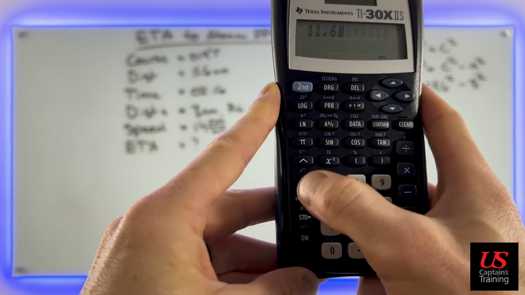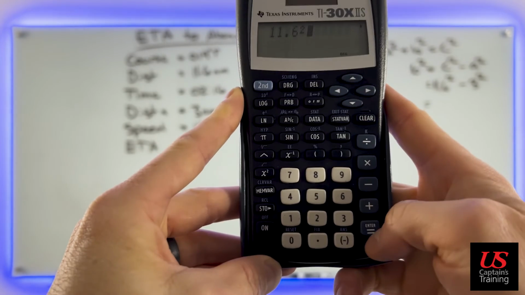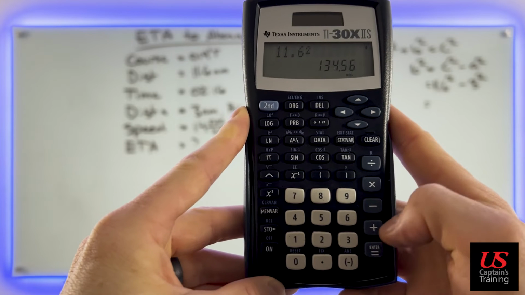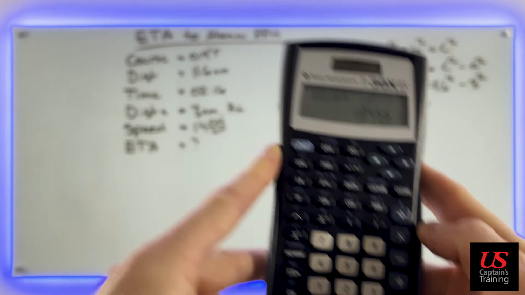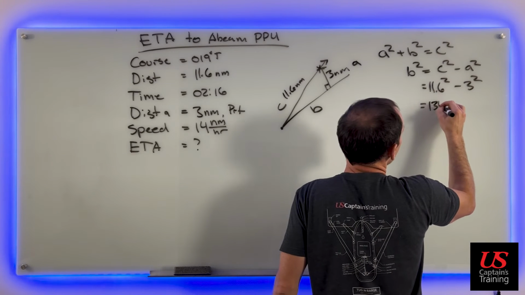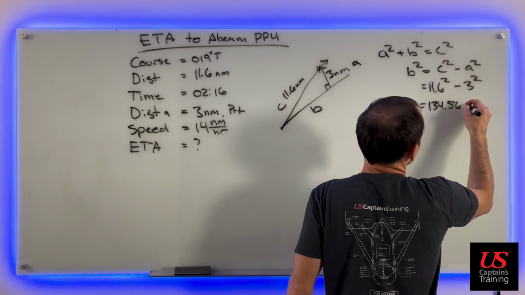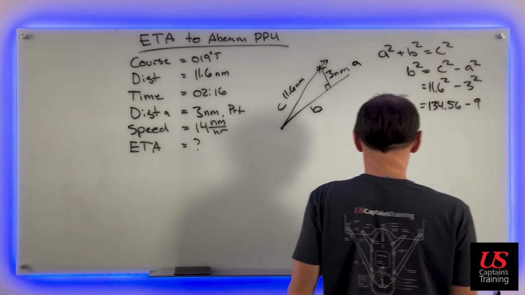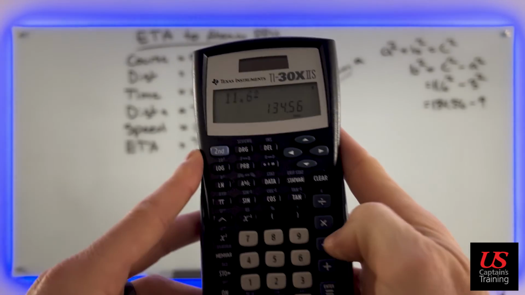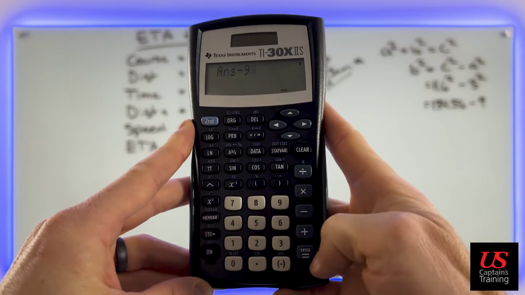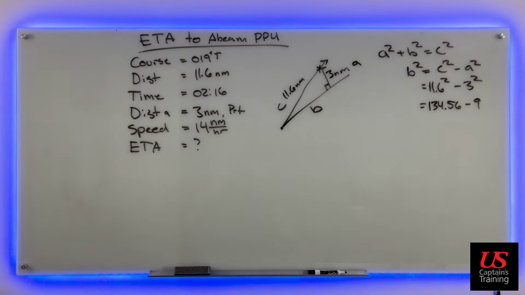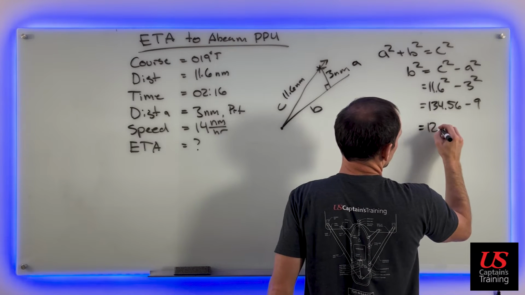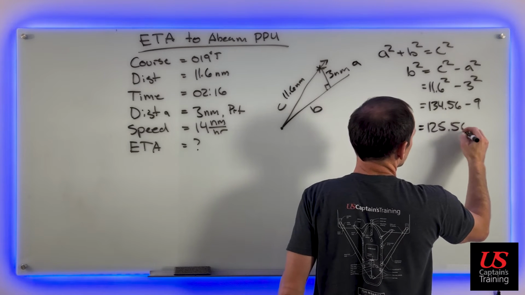11.6 squared equals 134.56. 134.56 minus 9. I'm going to punch that in. We just hit minus 9 equals 125.56.